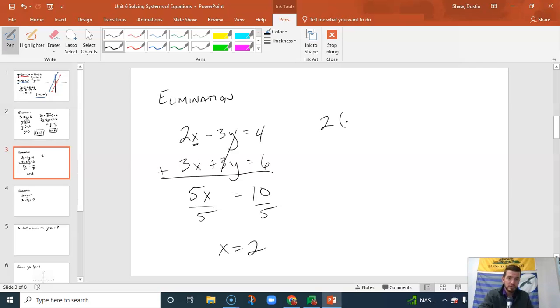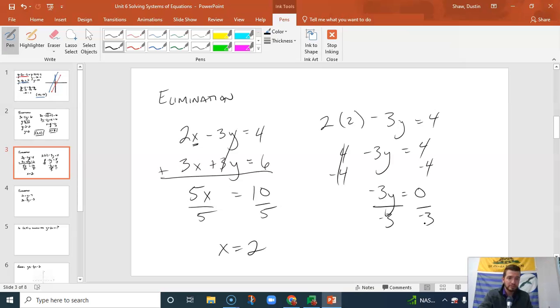So 2 times 2, oops, my bad, minus 3y equals 4. So now 2 times 2 is 4, minus 3y equals 4. Subtract 4 from both sides, and you get negative 3y equals 4 minus 4 is 0. Divide by negative 3, and y equals 0.